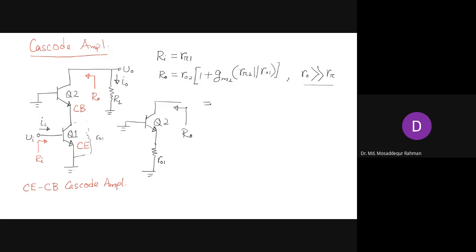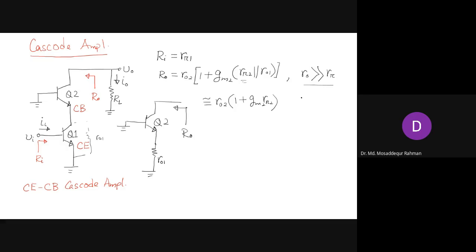So this output resistance we can approximate to R02 times 1 plus GM2 and R pi 2. This parallel combination reduces to just R pi 2, the smaller one.